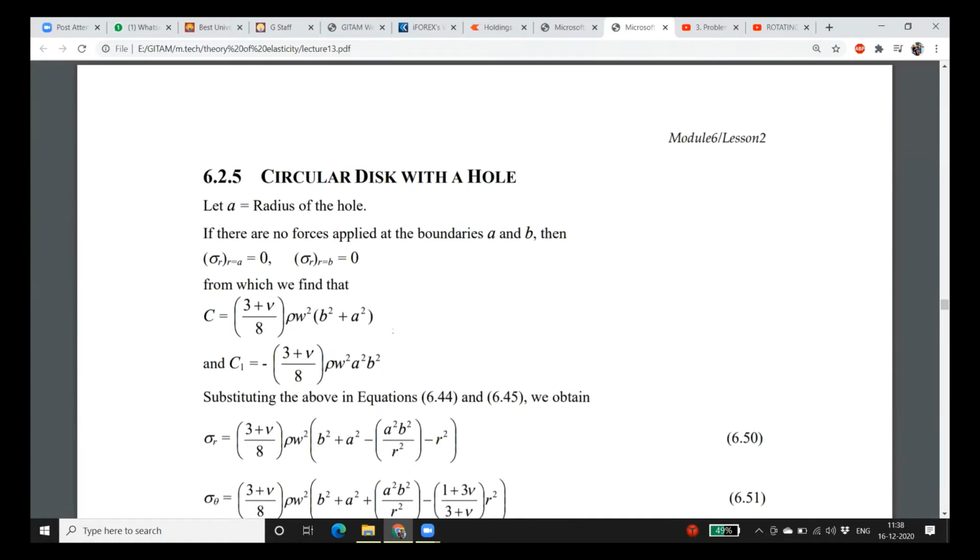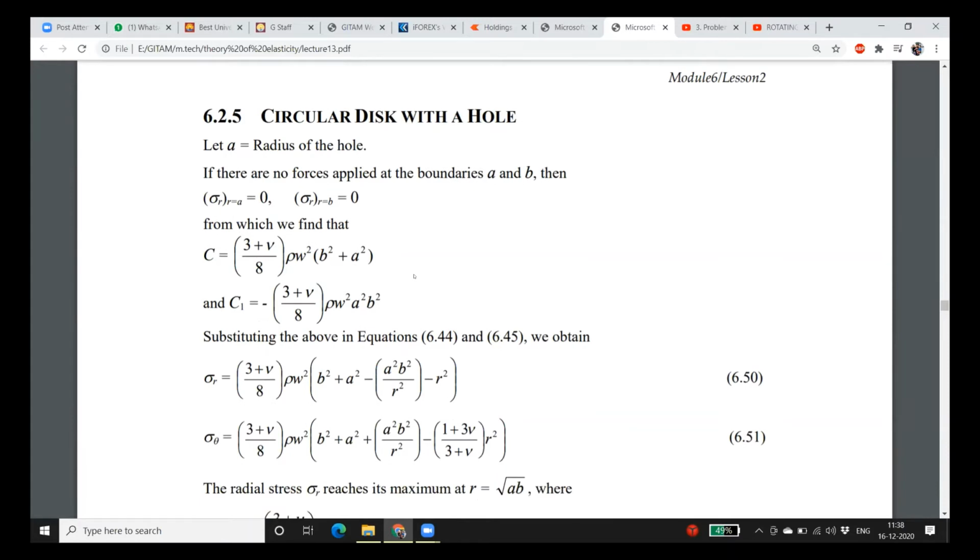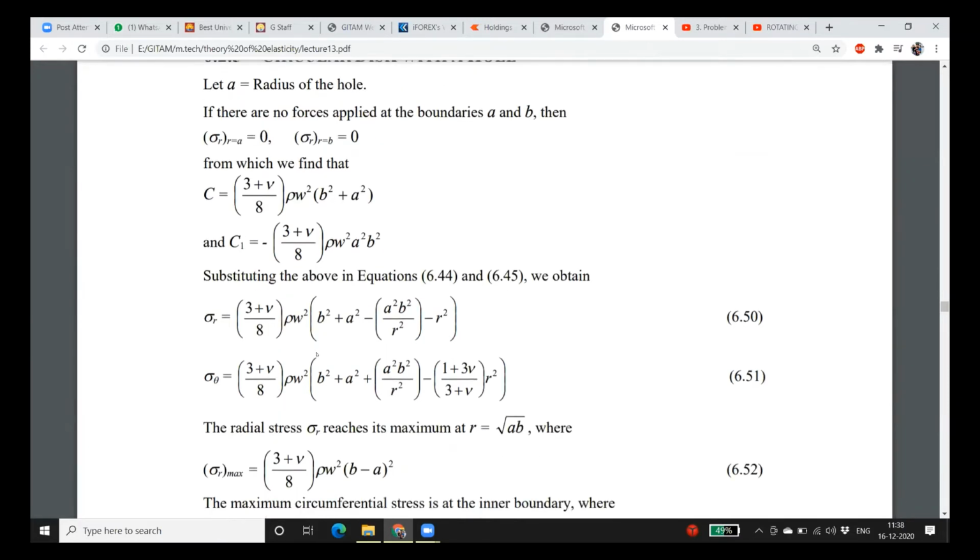Then a circular disk with a hole, with a hole in the center. So this is the formula for σr and σθ. These formulas are similar to the video which I have shared. In that video also, you can see that σr and σθ involve (3 + Poisson's ratio)/8 into ρ into ω². Omega is the angular frequency.